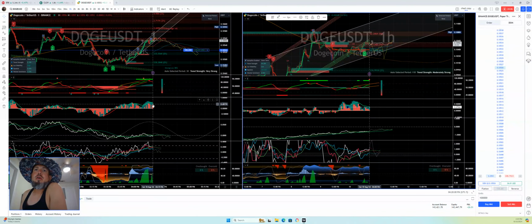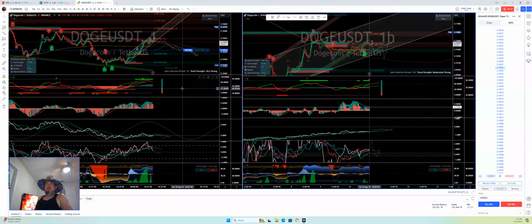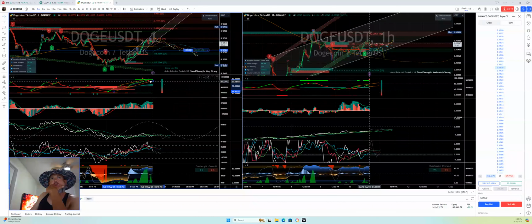So there's some selling. They're pointing up though. These are still pointing to the downside. And I guess you could say it broke this trend right here, right? Broke that.